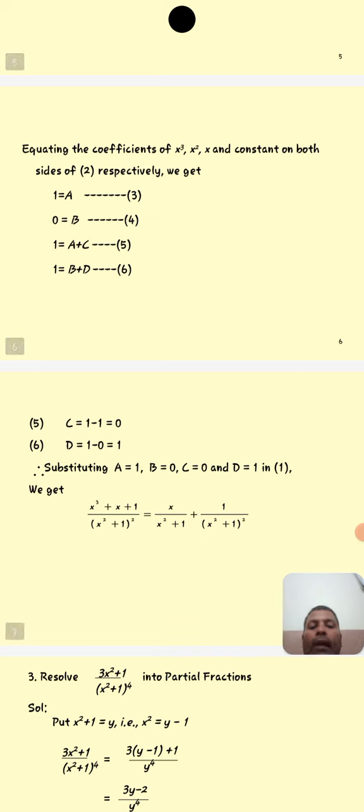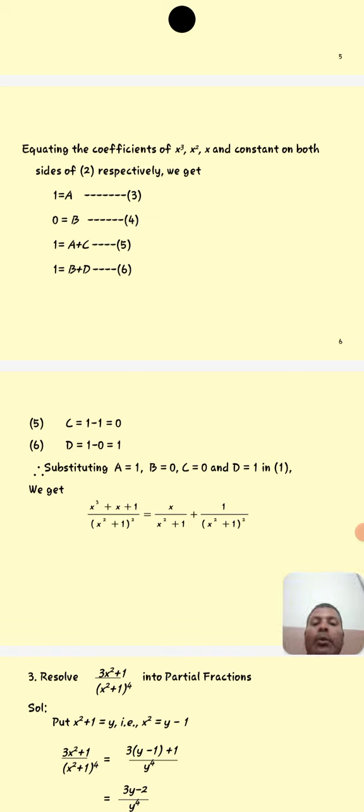These 4 values we have to substitute in equation number 1. Here, the a value is 1, b value is 0, c value is 0 and d is also 1. Now we substitute in the equation. We get (x cube plus x plus 1) divided by (x square plus 1) whole square is equal to (ax plus b) divided by x square plus 1.